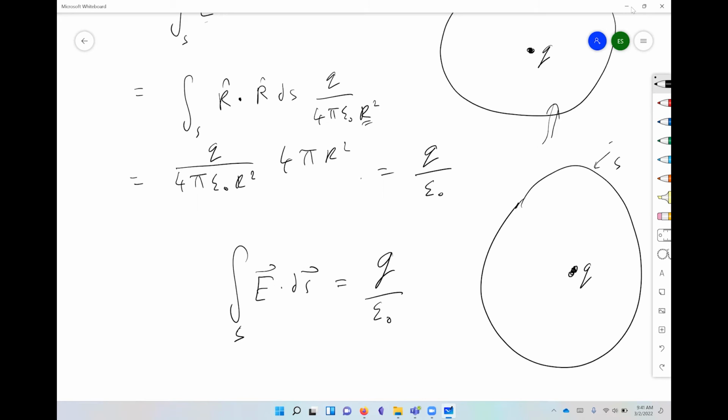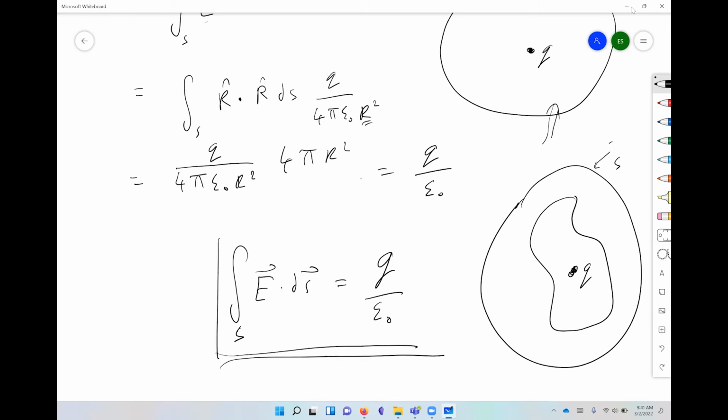This can be any surface, whatever it is. It could be like a potato around Q. And this will still hold. This will still be true. It's a really fascinating result. And this is Gauss's law. And we can prove this for a point charge. But once we proved it for a point charge, we prove it for everything.